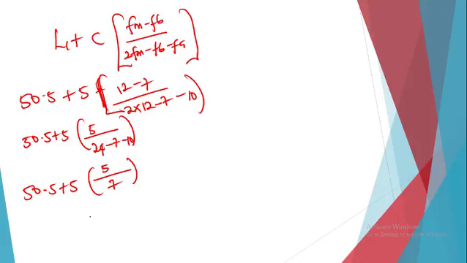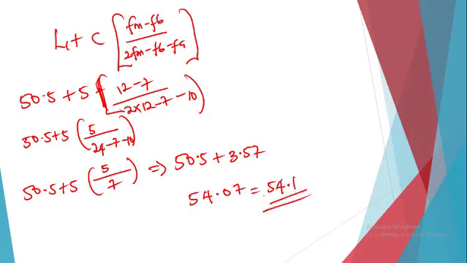Okay, now that will give us 50.5 plus 5 divided by 7 times 5, and that will give us 3.57. Now 50.5 plus this will give us 54.07, which is equal to 54.1.